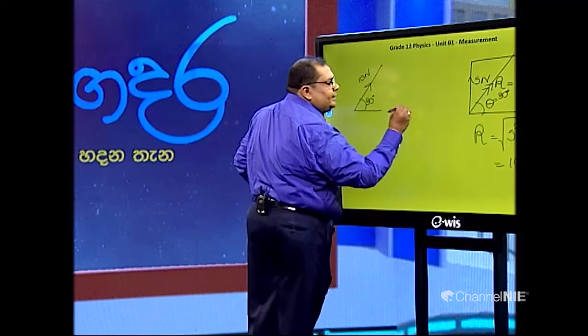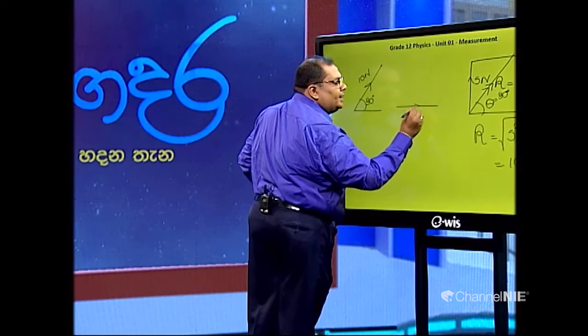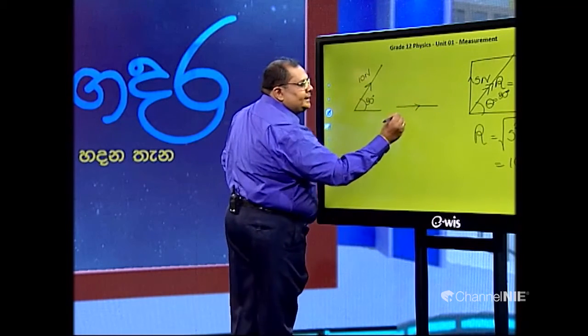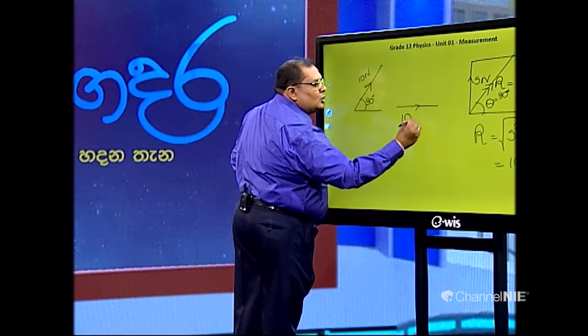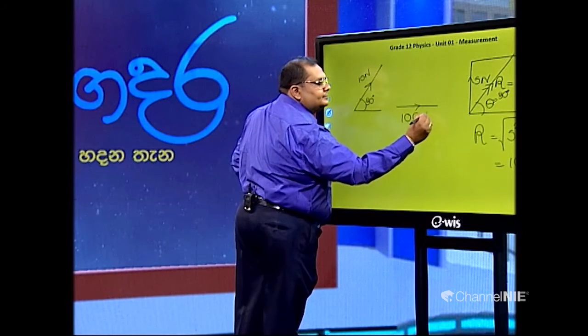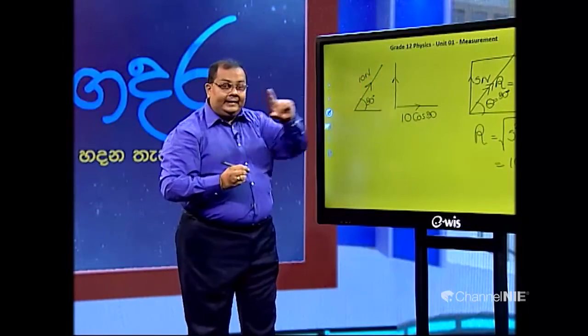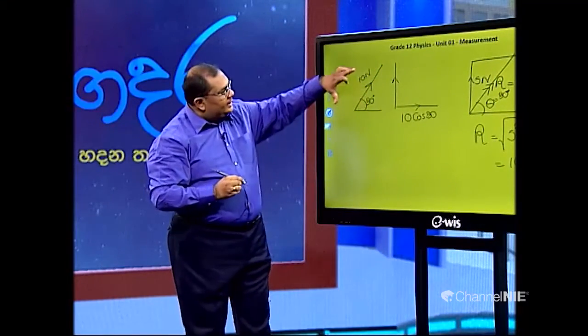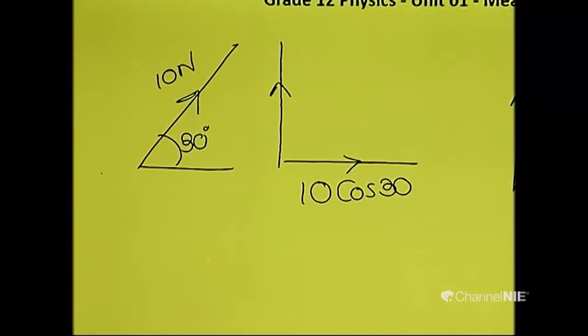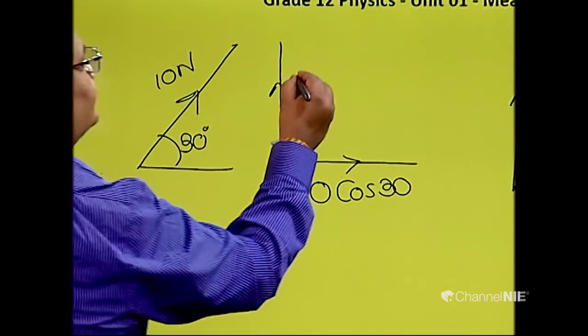Then I can write horizontal component here 10 cos 30. Vertical component, I told you, opposite side sine, 10 sin 30.